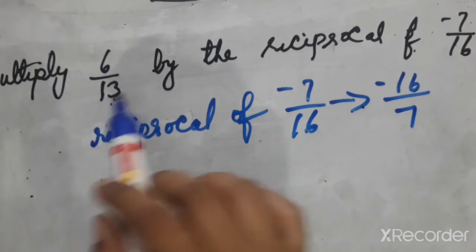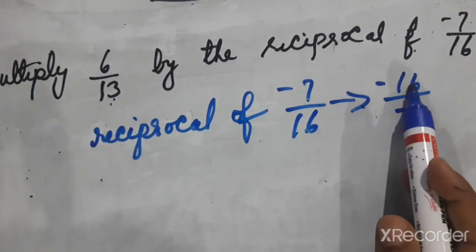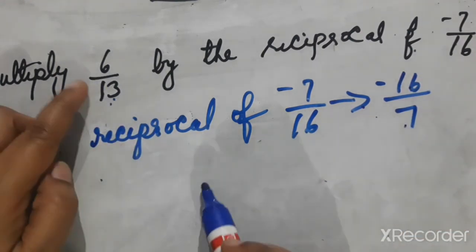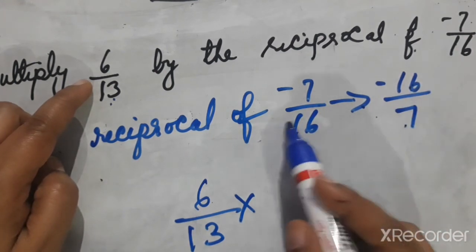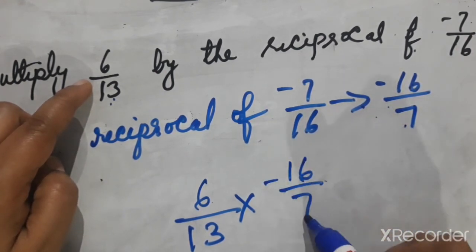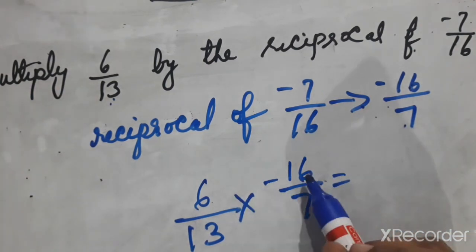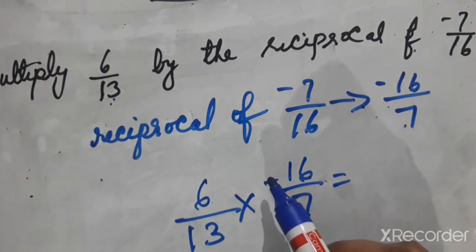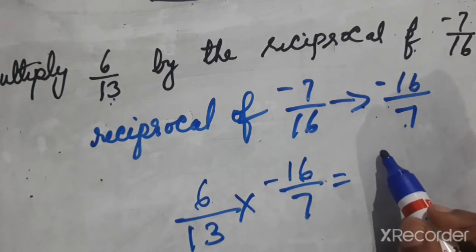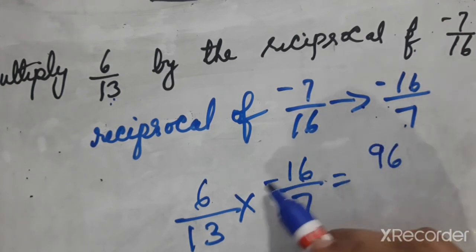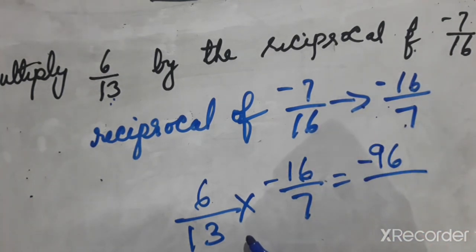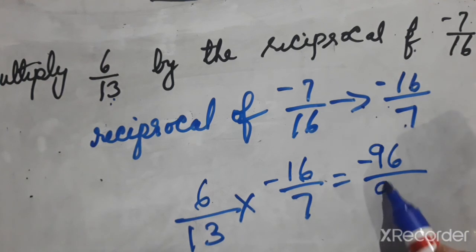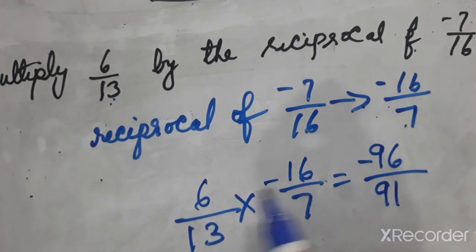Now 6 by 13 into the reciprocal, minus 16 by 7. 16 sixes are 96, and plus into minus is minus. 13 sevens are 91.